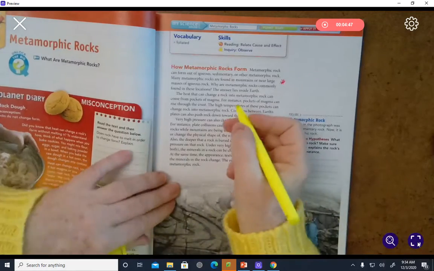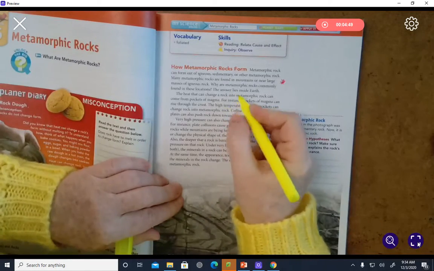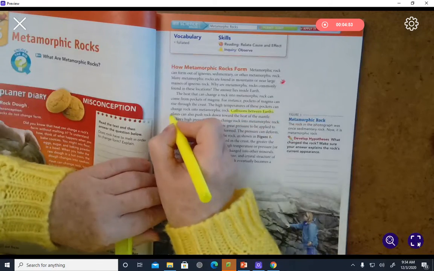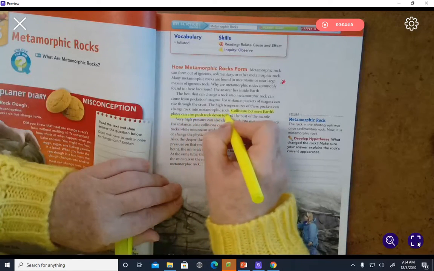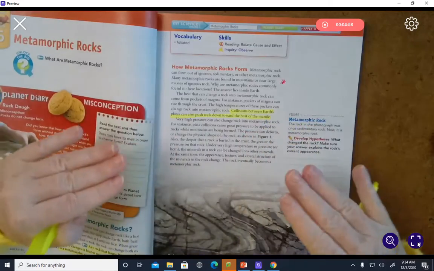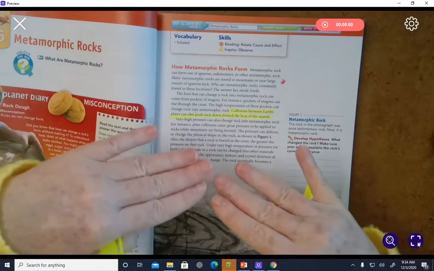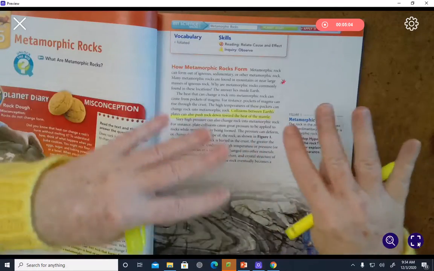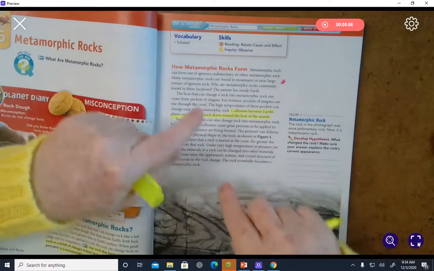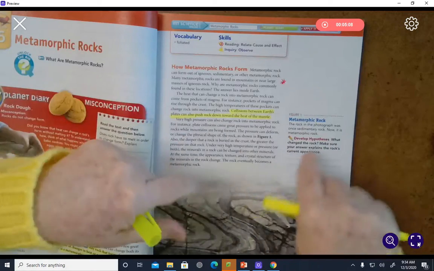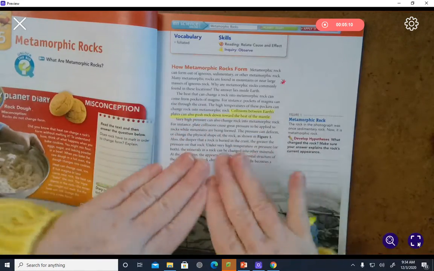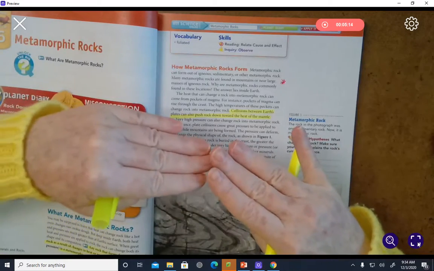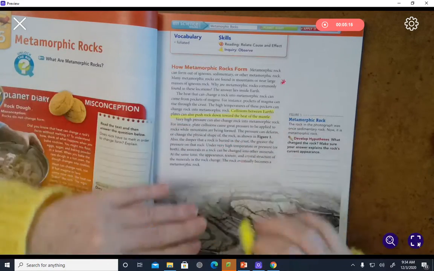Now, I highlighted this because it says collisions between Earth's plates can also push rock down toward the heat of the mantle. So remember when we talked about the crust of the earth is like graham crackers sitting on a plate of chocolate pudding, and it's moving around and spinning, and those graham crackers can move around. So sometimes one graham cracker can get pushed under the other.